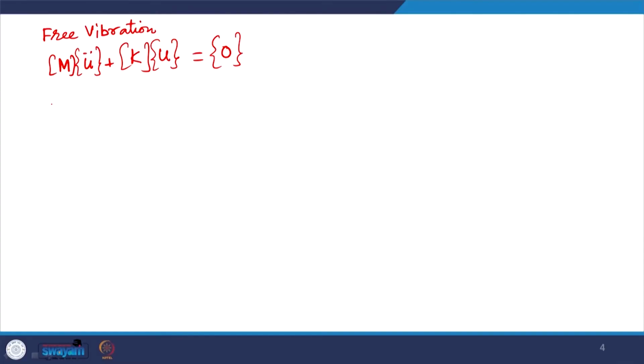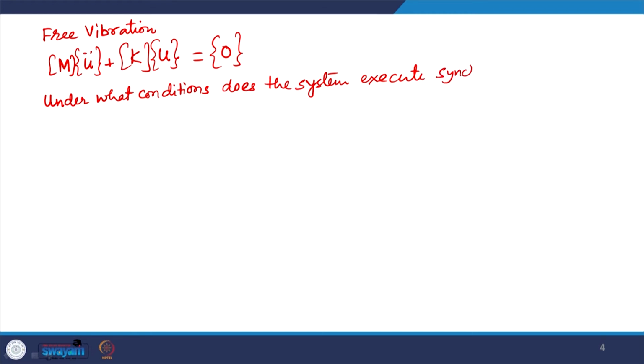So we examine under what conditions the system executes synchronous simple harmonic motion.